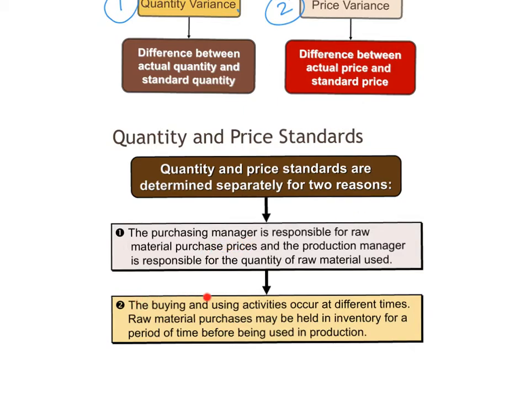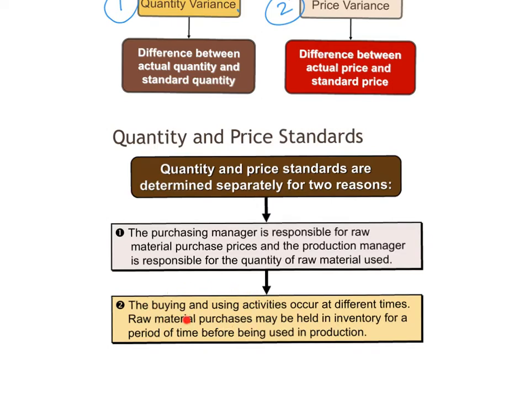The second reason is that the buying and using activities also occur at different times. Raw material may be purchased now and then held in inventory, and only after a certain period of time will it be used in production.